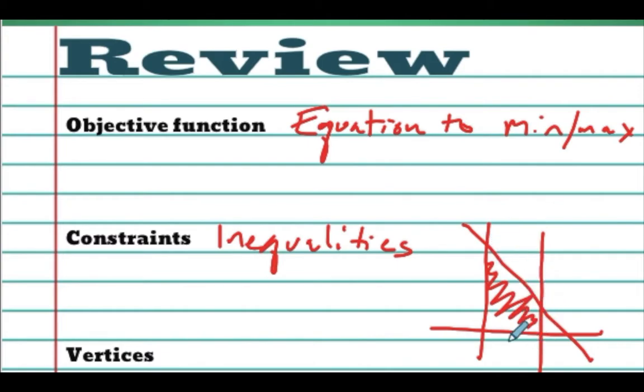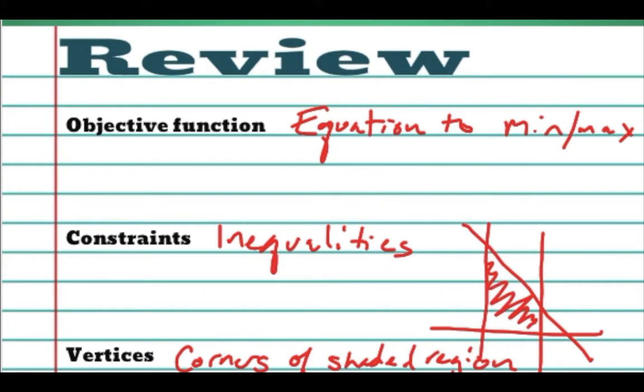The corners of that shaded region are called the vertices. So that's just a quick little review of the different parts of linear programming that we've talked about.